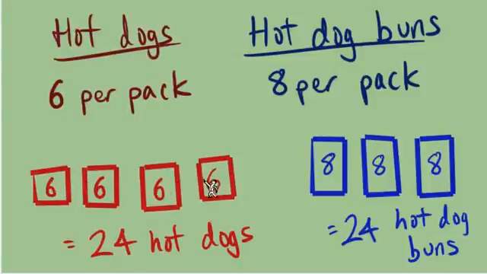It took 4 packs of hot dogs but only 3 packs of buns, but eventually we were able to get both of these numbers, 6 and 8, to this point where they equaled each other, and that's the LCM. We would be able to find another point where we could get these two to equal each other at 48 or 72, 96. Those are more common multiples, but 24 is our least, the lowest number that we can find.